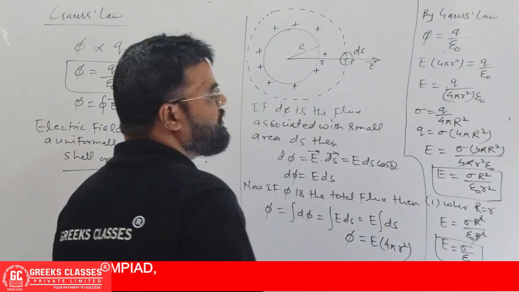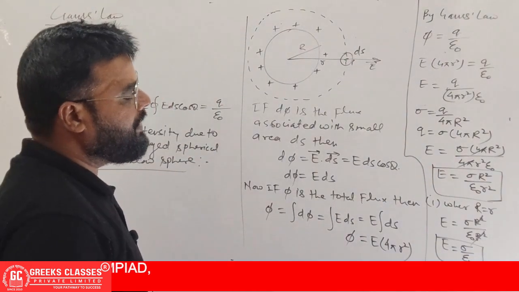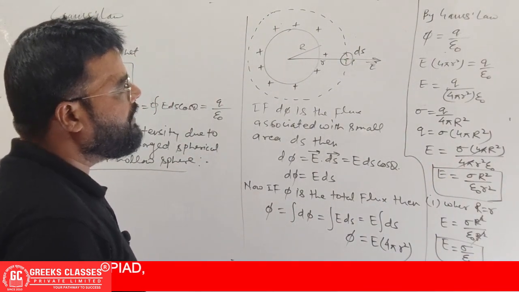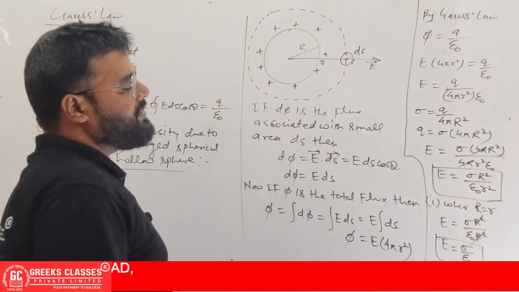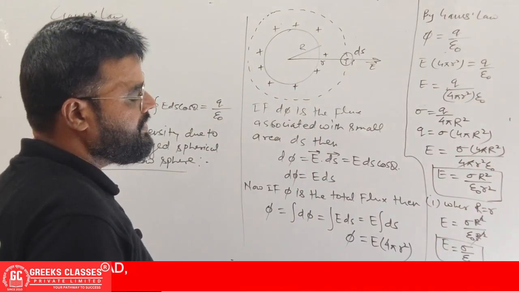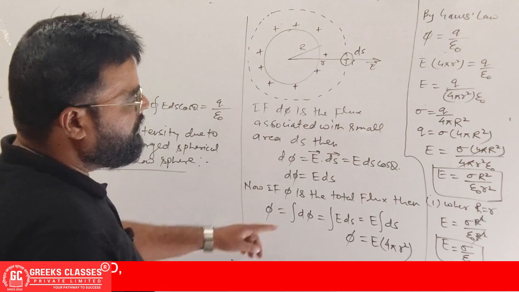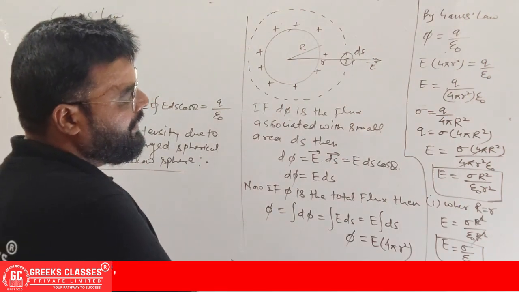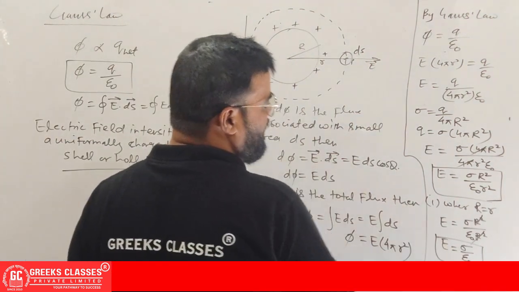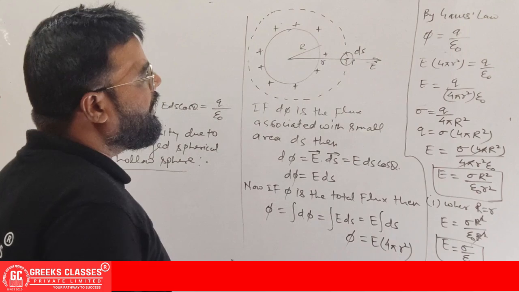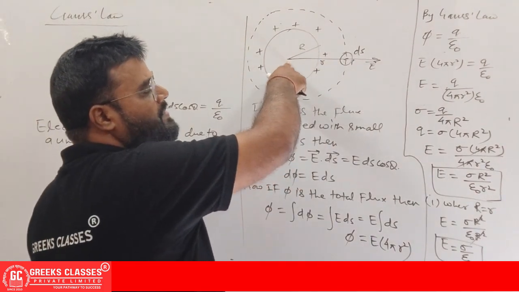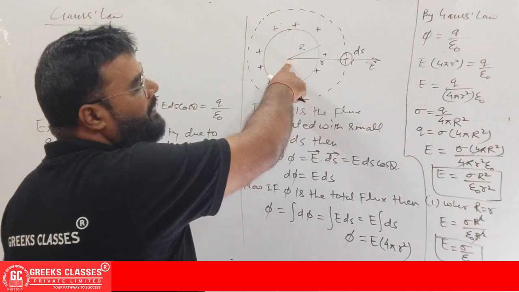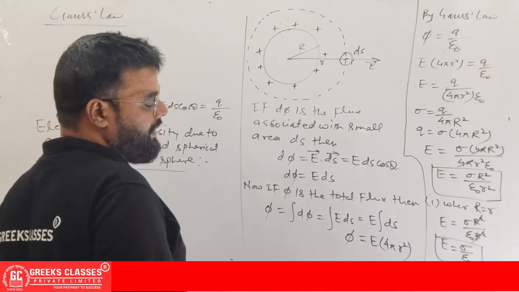This is the case when capital R equal to small r, meaning the point lies at the surface of the sphere, not the Gaussian surface. So if small r equals capital R, then the electric field will be equal to sigma upon epsilon naught.